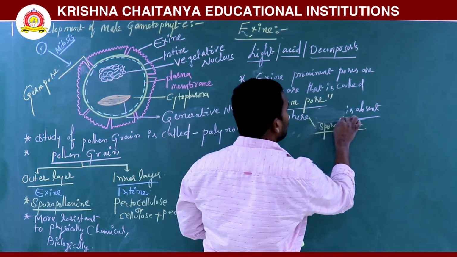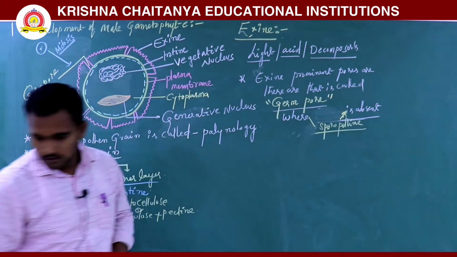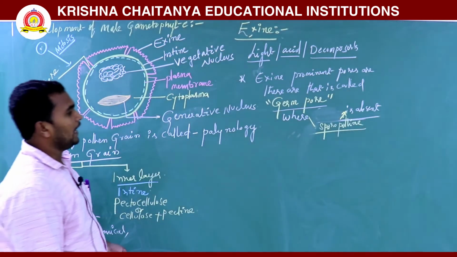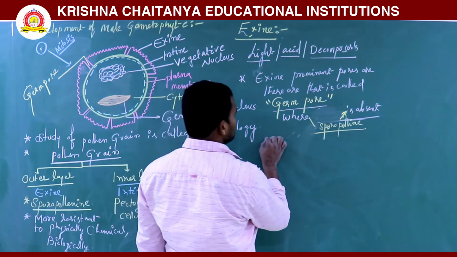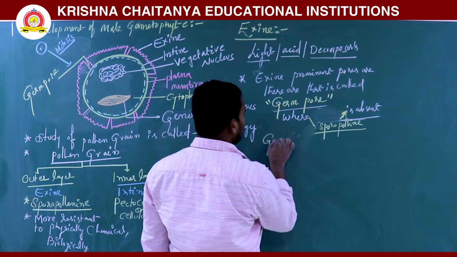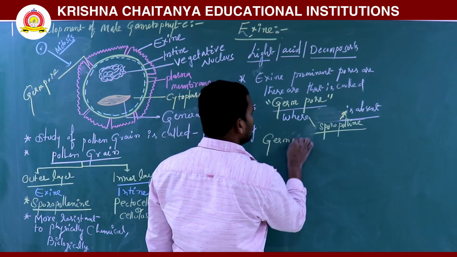Where sporopollenin is absent, that region is called a germ pore. So mainly germ pores are present.